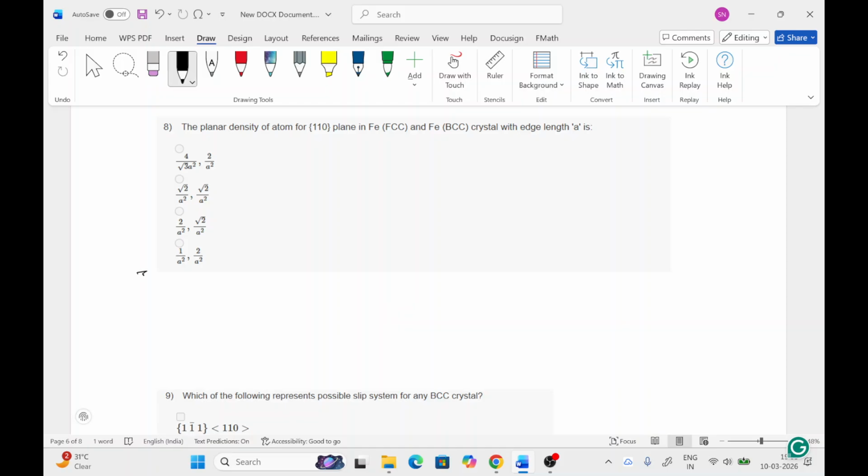So for FCC, the 110 plane gives number of atoms are 2, and this is root 2 a, this is a. So area is root 2 a square. So the planar density will be 2 by root 2 a square, giving root 2 by a square.